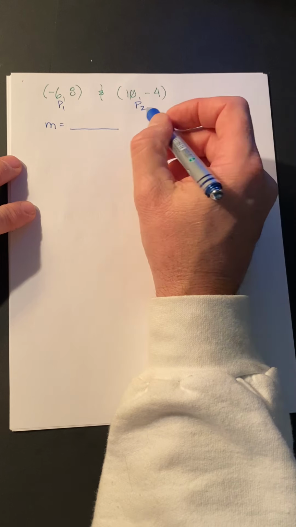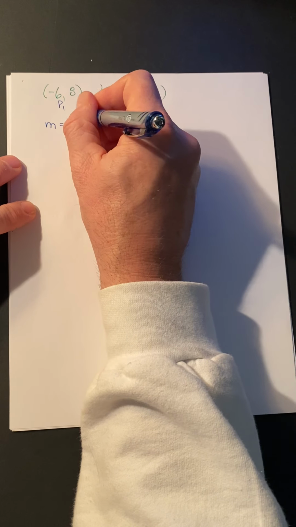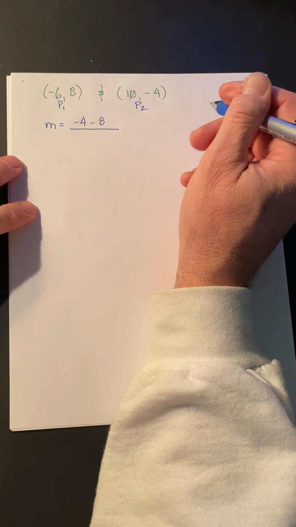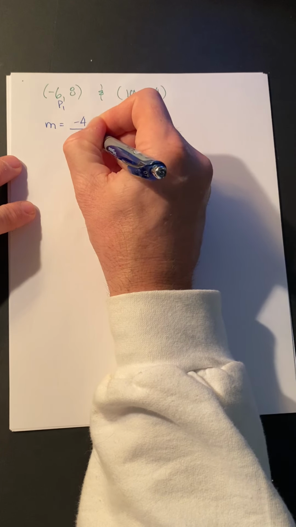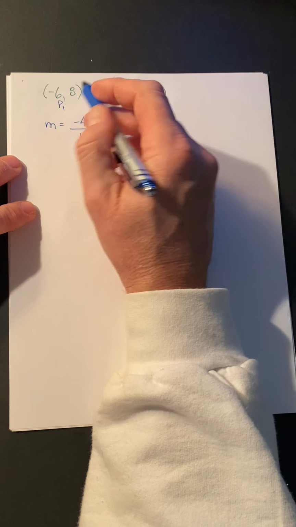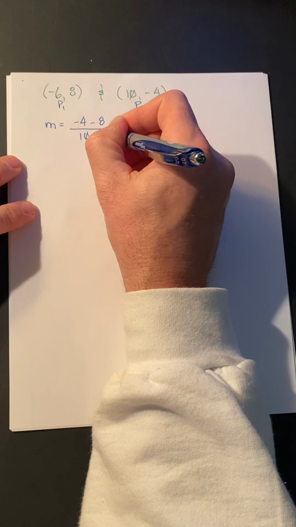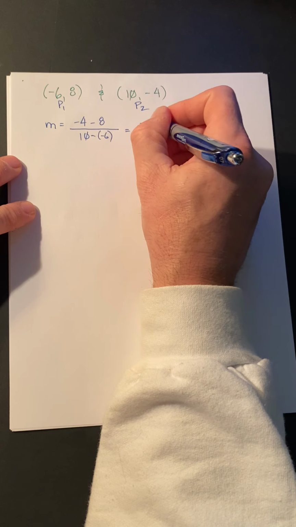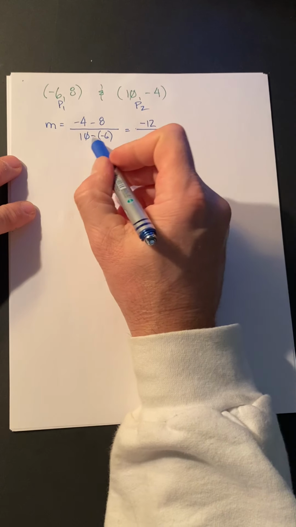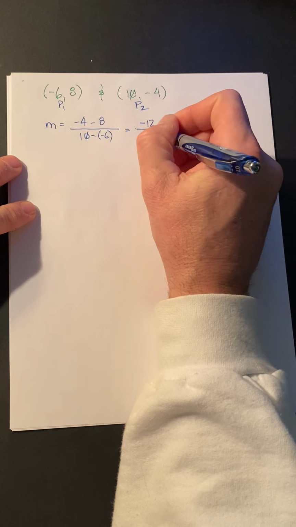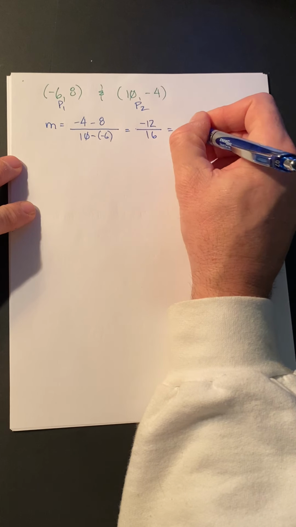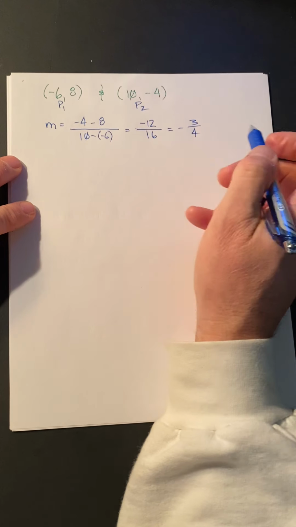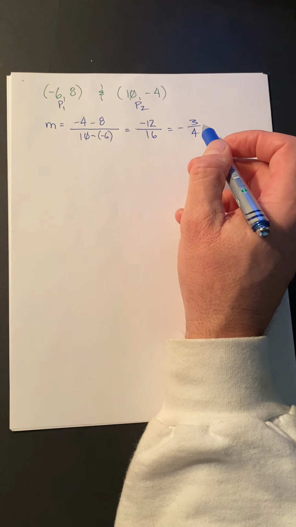So y2, well, that's −4 minus y1, which is 8, over x2, which is 10, minus x1, which is −6. So here I'm going to get −12 all over 10 plus 6 is 16, or I'm going to have a −3/4.